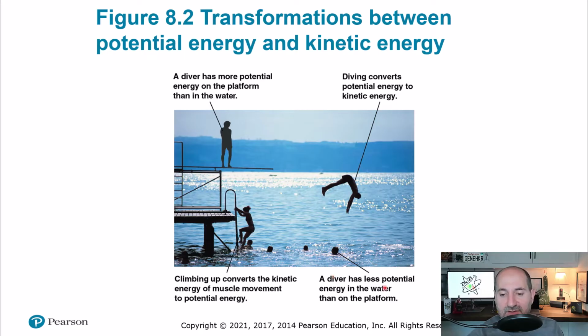And the diver has less potential energy in the water. And the diver has to put in its own kinetic energy to get back up onto the platform. Does that make sense? So you can see here how energy can be transformed from one form to another, for example, from kinetic energy to potential energy and back again.